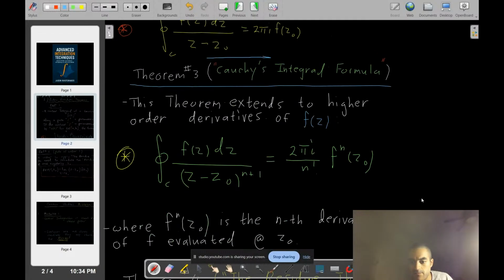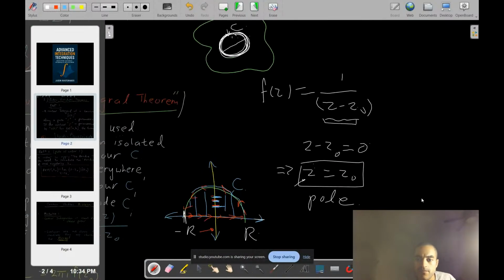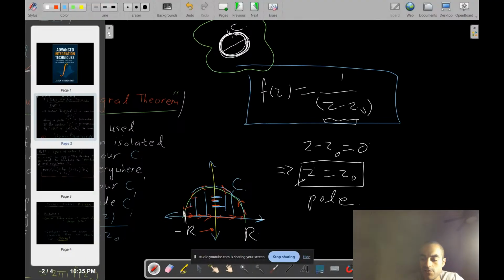And the singularity can be determined by doing, as I highlighted here, f of z equals 1 over z minus z0, restricting z minus z0 to 0 in the denominator, because there's a singularity. That's what a singularity is: setting it to 0 and solving for z.